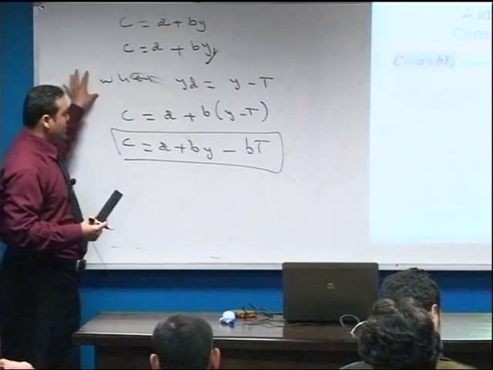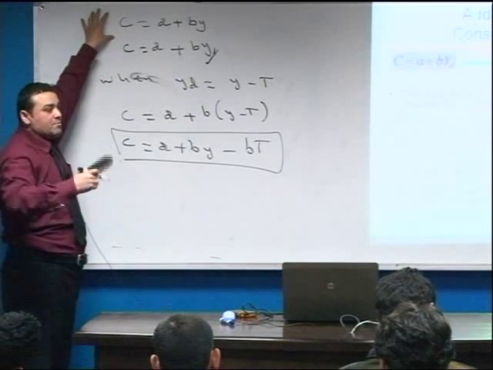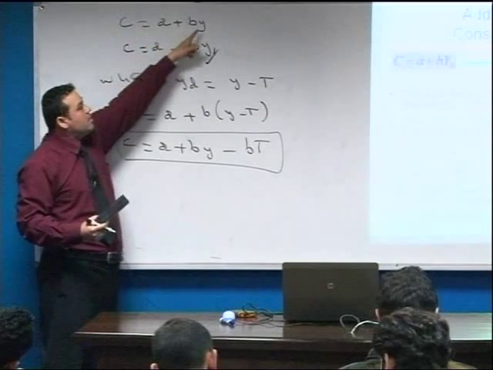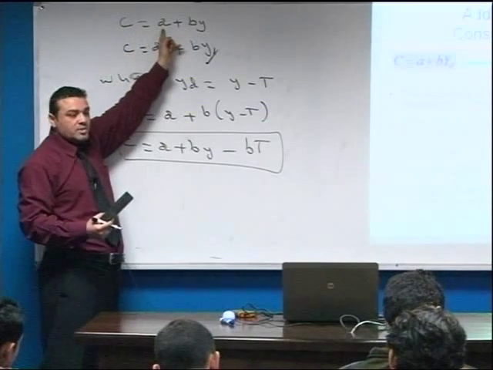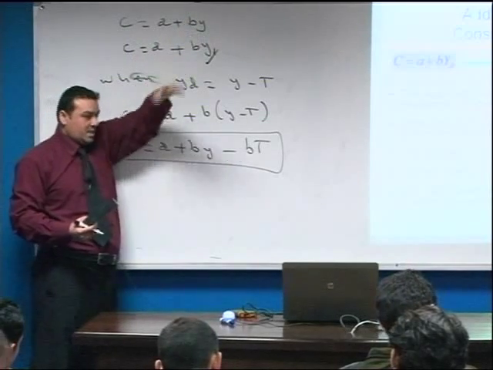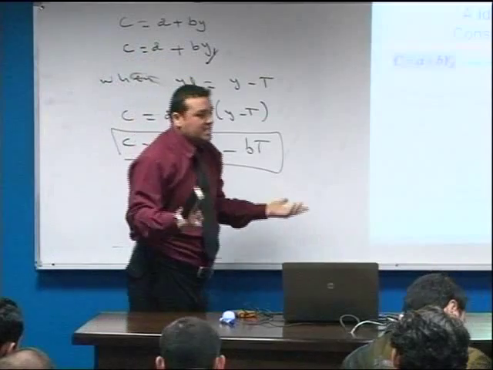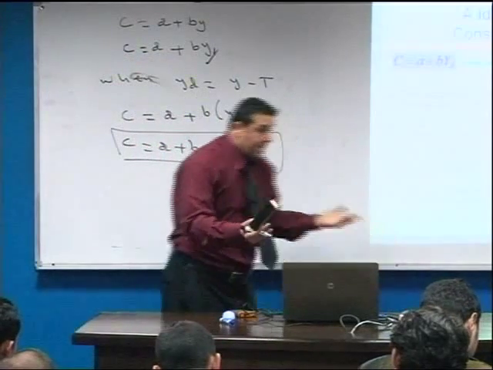Should I repeat it all? Okay. In the closed economy with no government, C, the consumption, equals A, the autonomous consumption, plus B times Y, because Y in this case equals C plus S, right? But there were no taxes or net taxes.